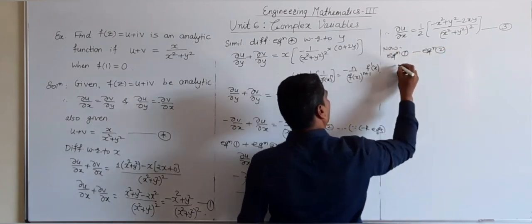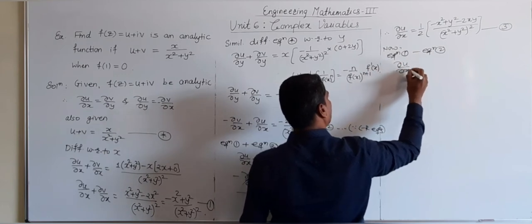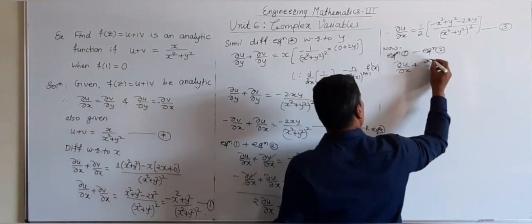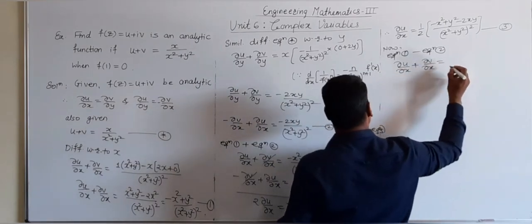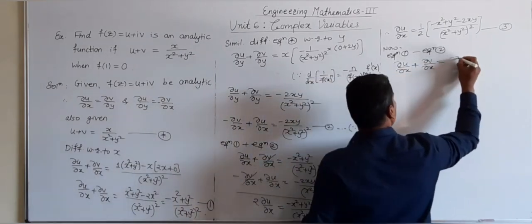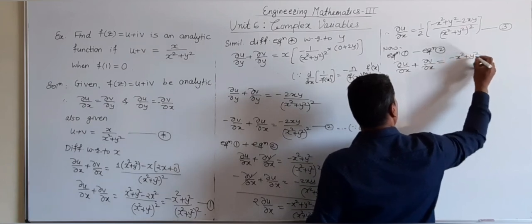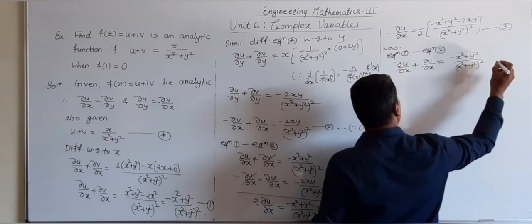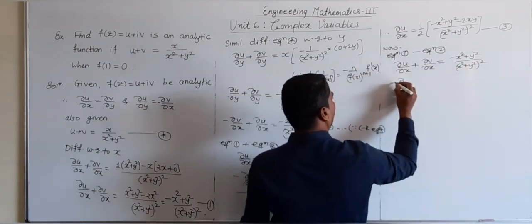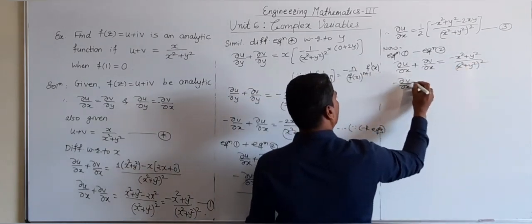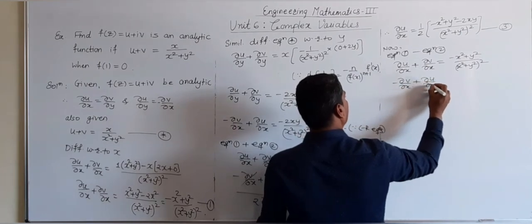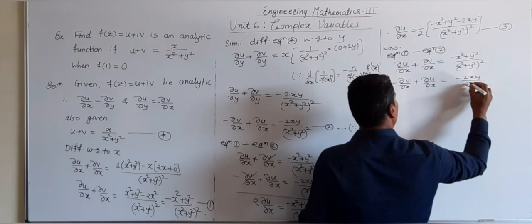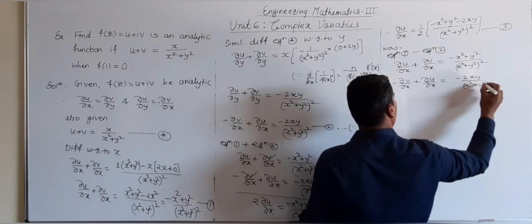Now we get ∂u/∂x + ∂v/∂x = (-x² + y²) / (x² + y²)², and then -∂v/∂x + ∂u/∂x = -2xy / (x² + y²)².